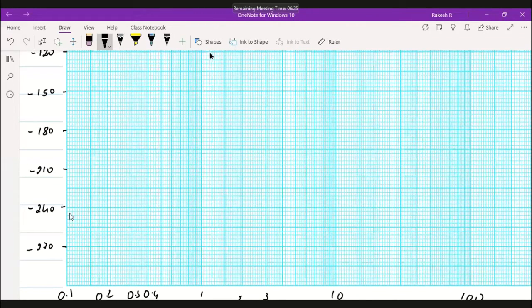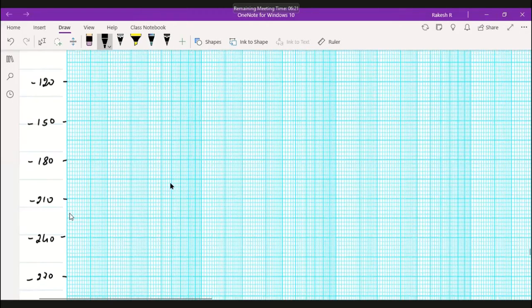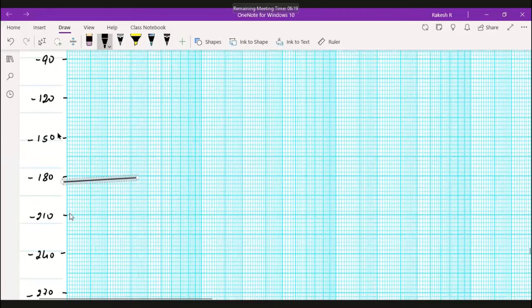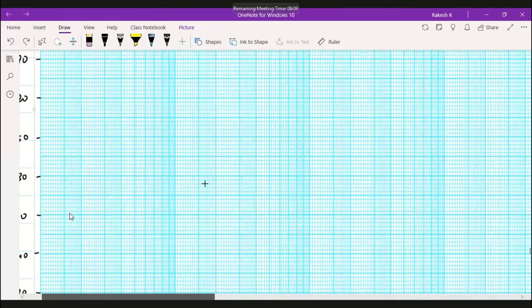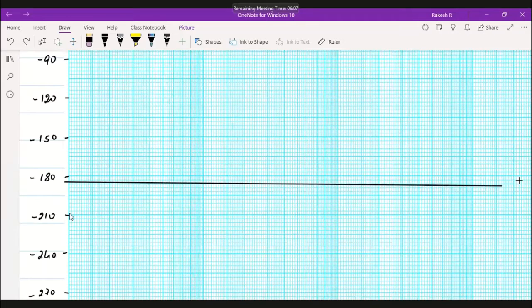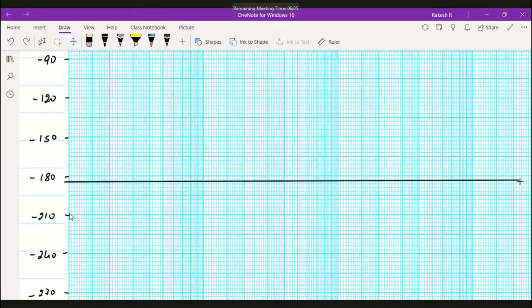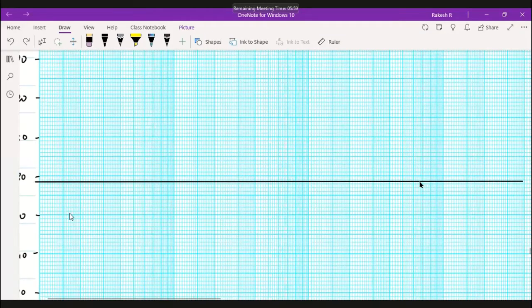Now this 180 line, you need to draw it correctly. I need to move this a little bit up.